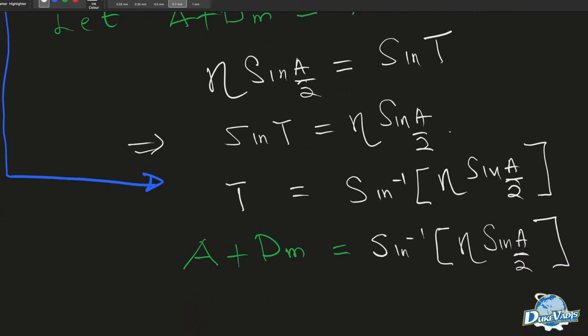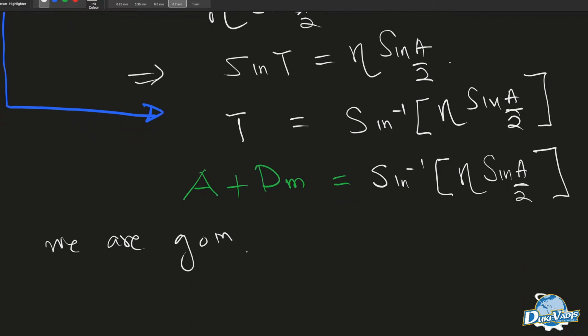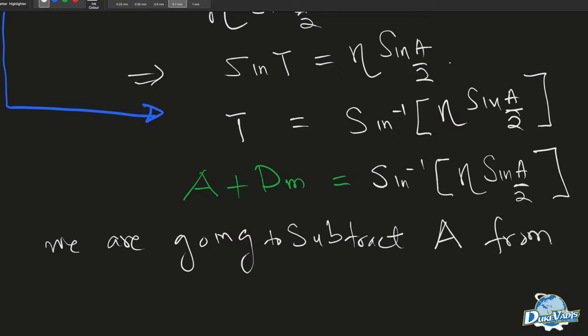So now let's look at it. How do we make D subscript M the subject? Remember that we are going to subtract capital A from both sides of the equation.